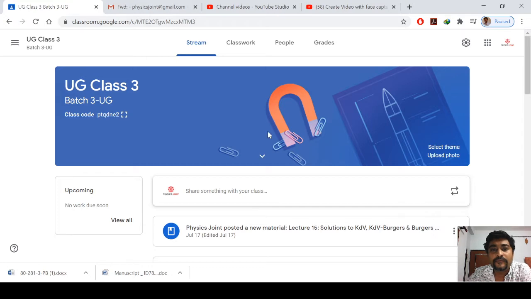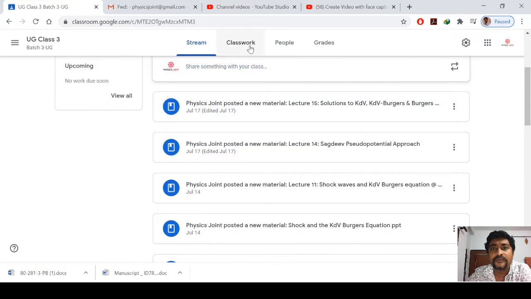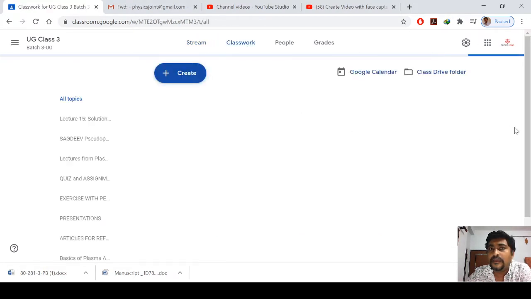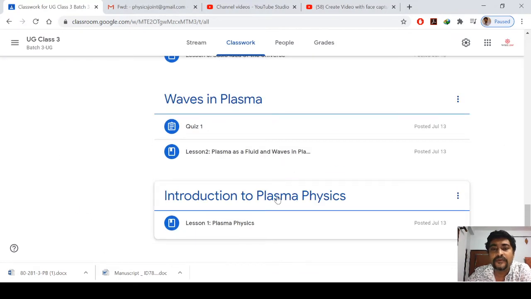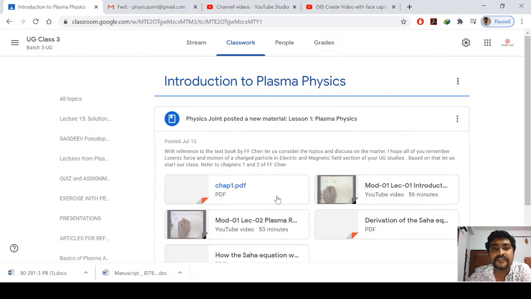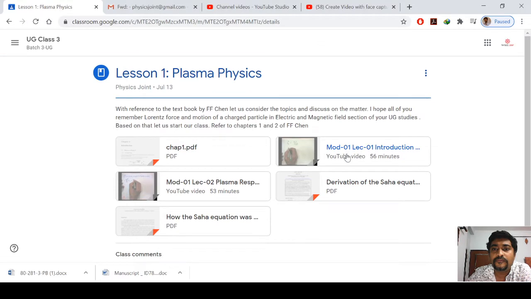From your viewpoint, let's get there and first come to the introduction to plasma physics. So here we have given two chapters or one chapter of the MIT course for your reference, and we have introduced also two lectures by Professor V.K. Tripathi.